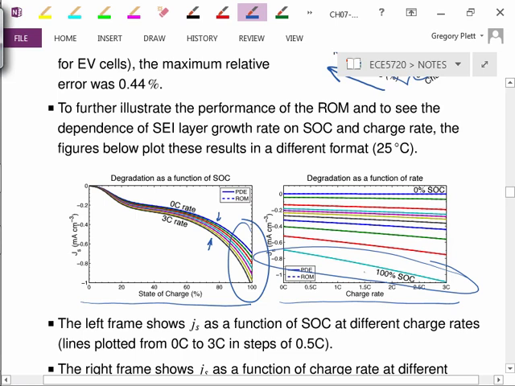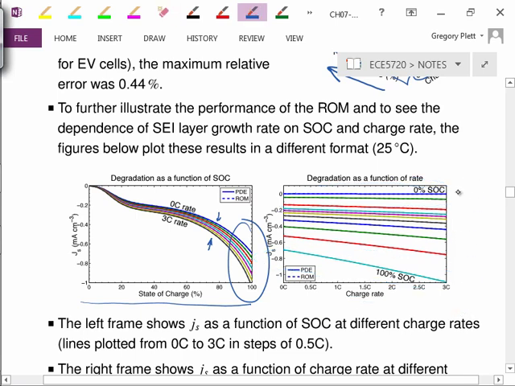If I have this 100% state of charge curve, for example, the higher the charge rate I use, the faster the film grows. And there's this kind of growing slope, whereas for low states of charge there's very little film growth rate and there's very little SOC dependence there.